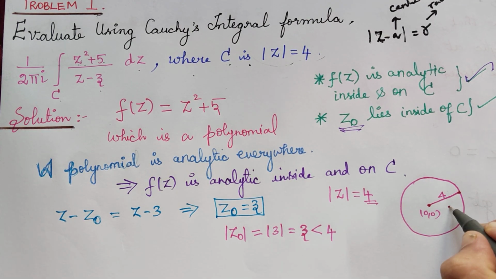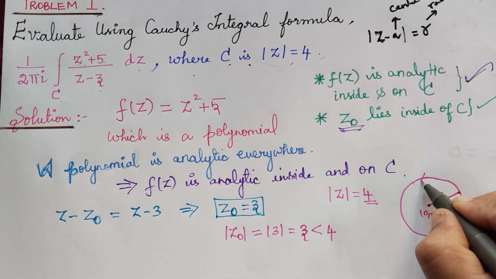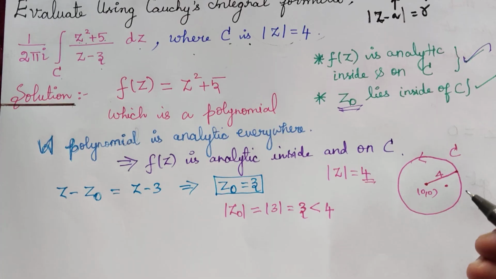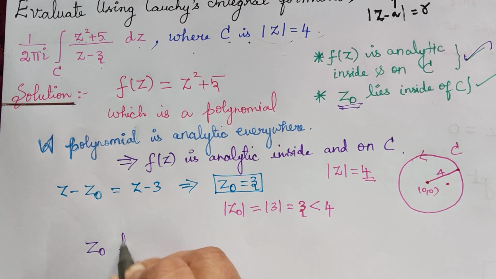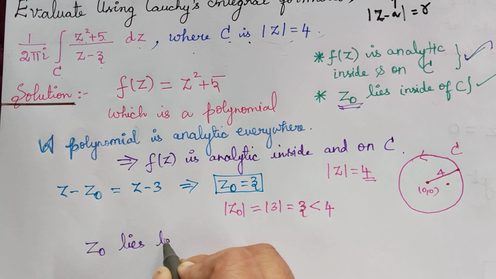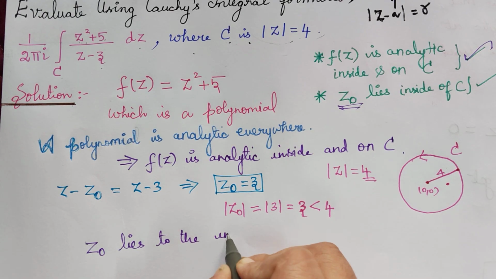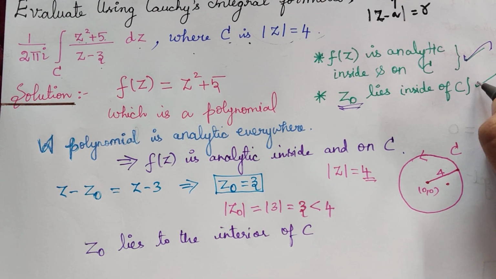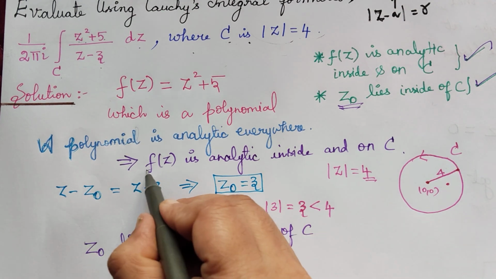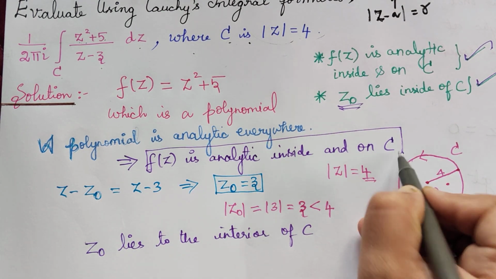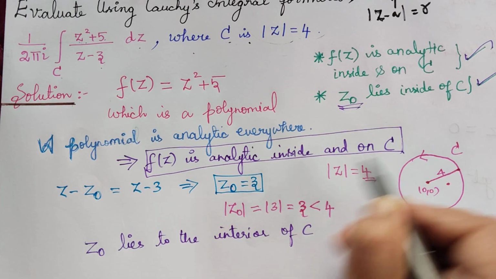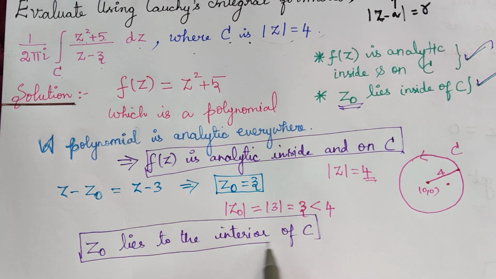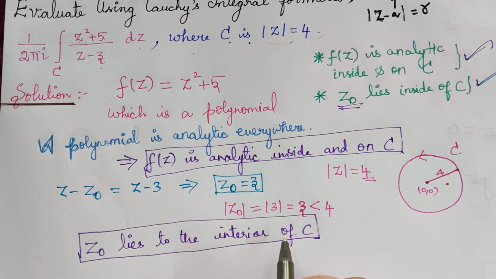So it lies in the interior of the circle C, and therefore z naught lies in the interior of C. The second condition is also satisfied. The first was that f of z is analytic inside and on C, and then z naught lies in the interior of C. Therefore the Cauchy integral formula can be applied now.